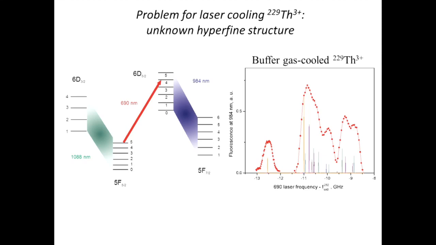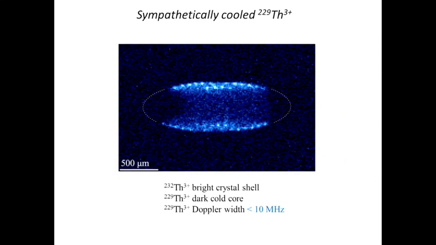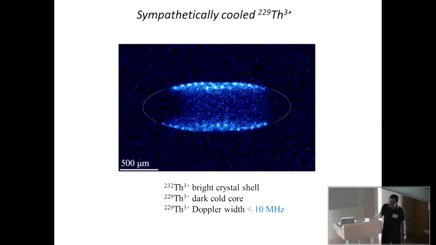So it was a circular problem, which we broke through by using sympathetic cooling. That is, we used the fact that our thorium target contained 1/4 of thorium-232, and so we employed our normal thorium-232 cooling protocol, but at a much slower rate, because now this 1/4 of thorium-232, while we cooled it over the course of a few minutes, had to drag down with itself in phase space the 229 isotope.